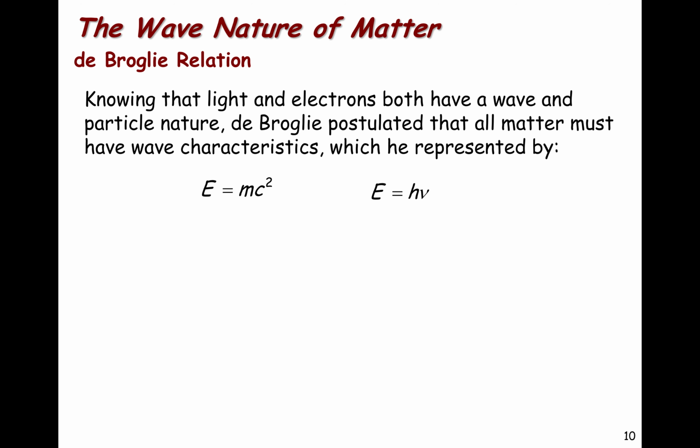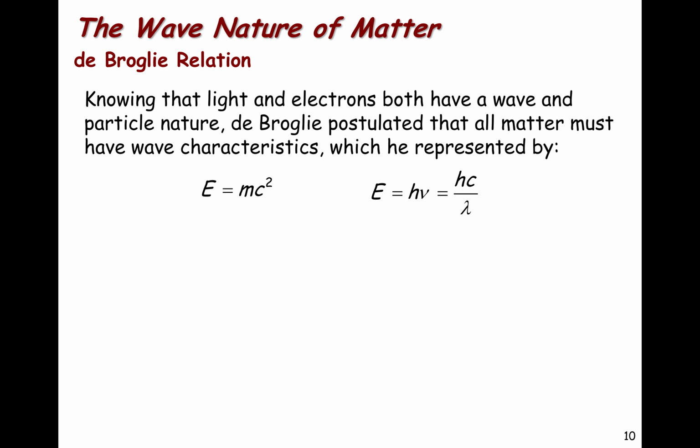And then Einstein also came up with the important relationship of the energy of a photon and its relationship to frequency. In this case, energy is equal to Planck's constant times the frequency.